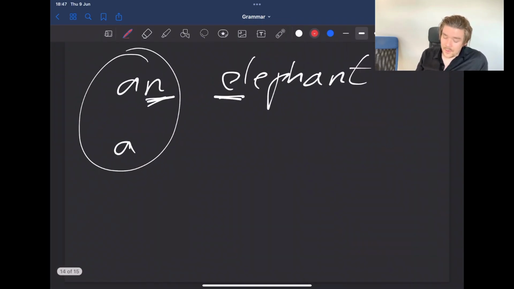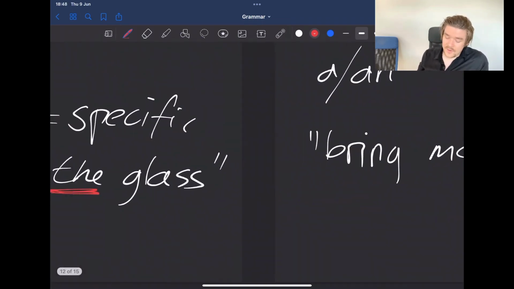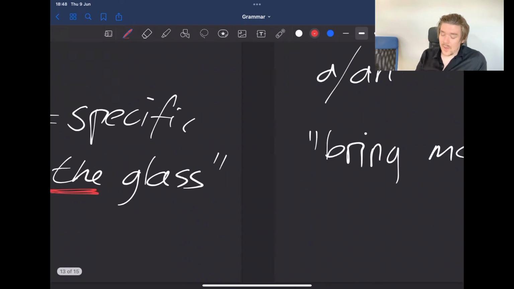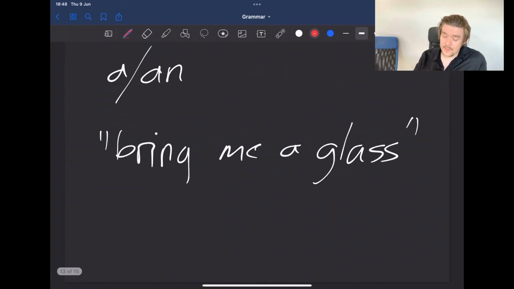So those are the three articles that we have. I mean, we have the definite article. That means specific. I know what I'm thinking of. The receiver also knows. We have the indefinite article.